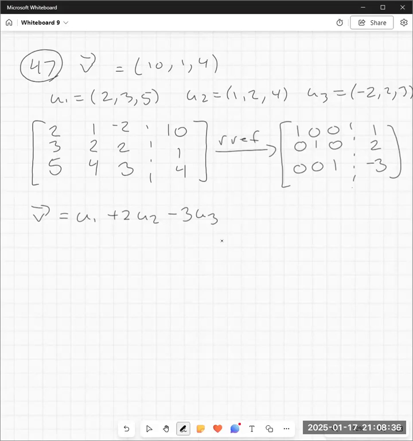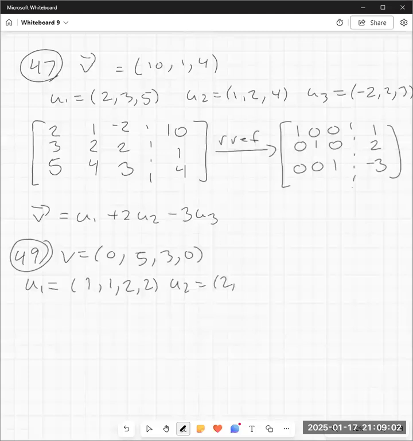Last but not least, let's look at number 49, which is v is equal to (0, 5, 3, 0). u1 is equal to (2, 3, 1, 1)... (1, 1, 2, 2). u2 is equal to (2, 3, 5, 6), and u3 is (-3, 1, -4, 2).